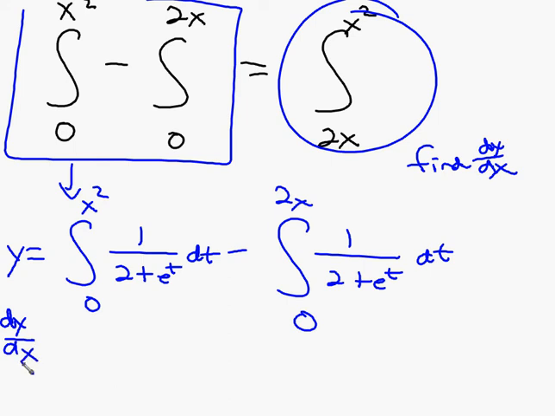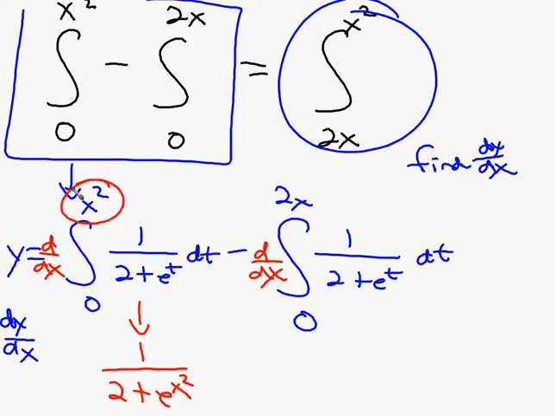by taking the derivative of each of these integrals. So when we do the derivative of the integral, it is just going to be the function at the top limit of integration, which will be 1 over 2 plus e to the x squared. But since I have an x squared up here, I need to do the chain rule, so that will be times 2x, minus, for this one, 1 over 2 plus e to the 2x.